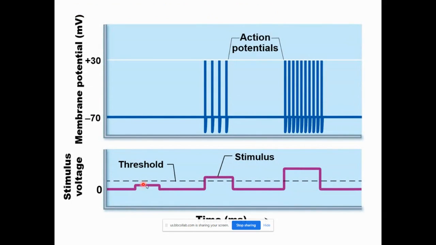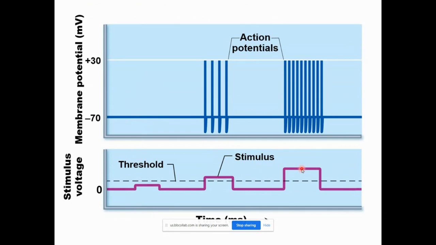Let's say something landed on our skin here, but it's too tiny, we didn't even feel it. It didn't even reach threshold, so your brain is not receiving any action potentials. But now let's say a fly lands on your skin. Well, now that's strong enough to reach threshold, so your brain is going to get a certain number of action potentials, letting you know the intensity of whatever landed on your skin. Now, something much heavier just landed on your skin.